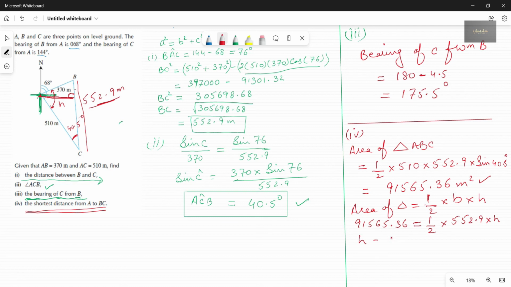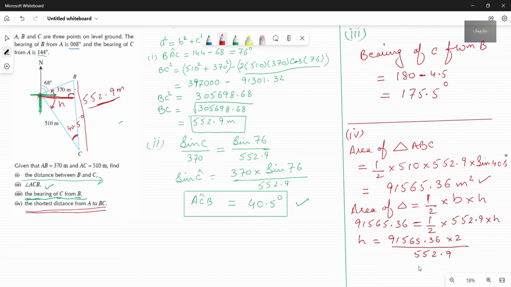H is equal to 91565.36 multiplied by 2 divided by 552.9.